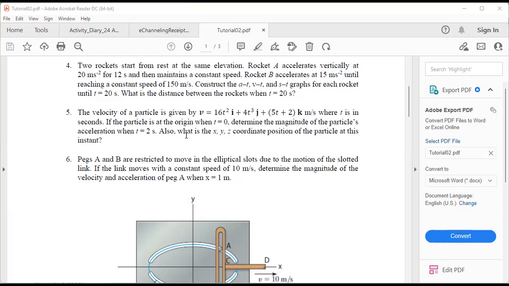To get the acceleration, what you need to do? You need to differentiate the given equation with respect to time. And that's all you really need to do in that question.